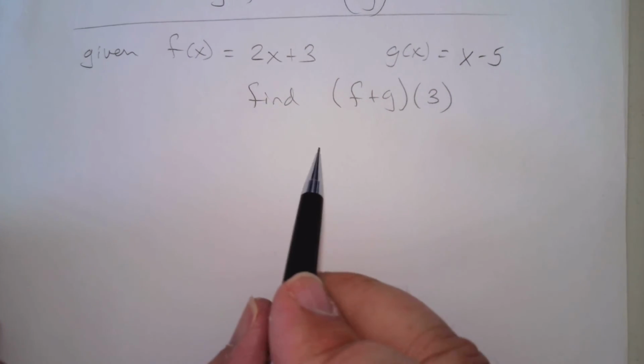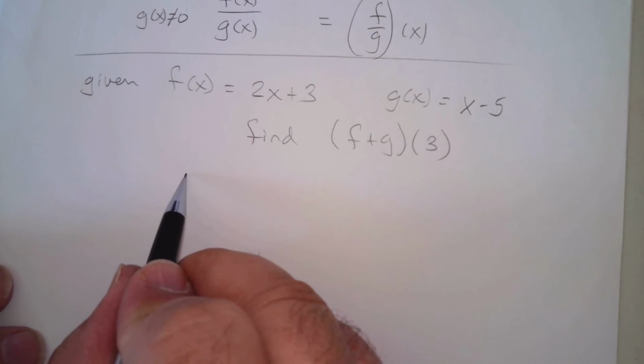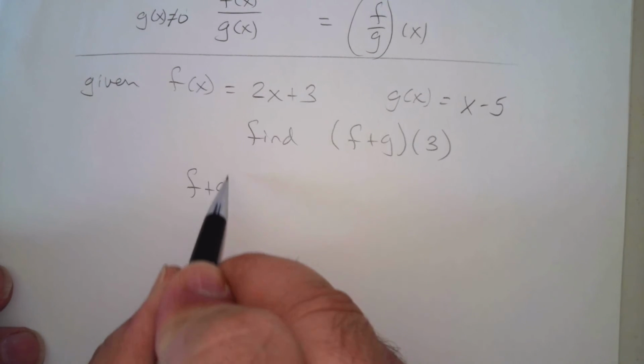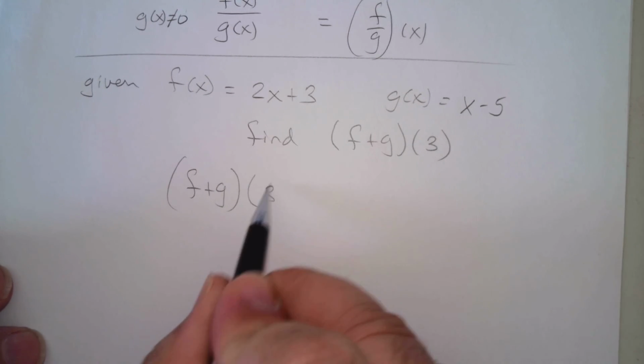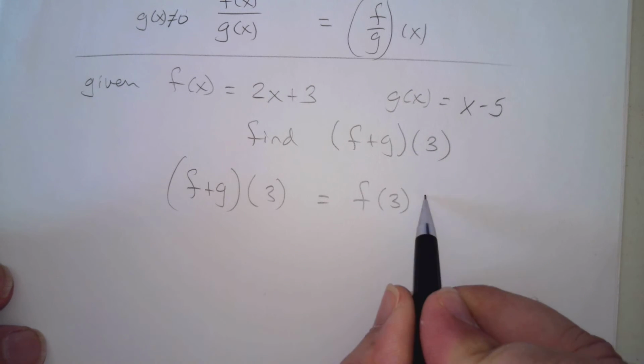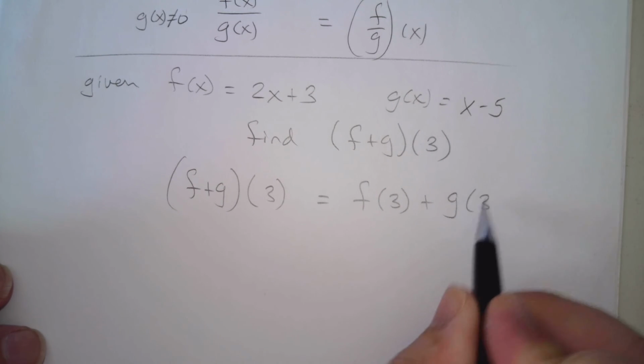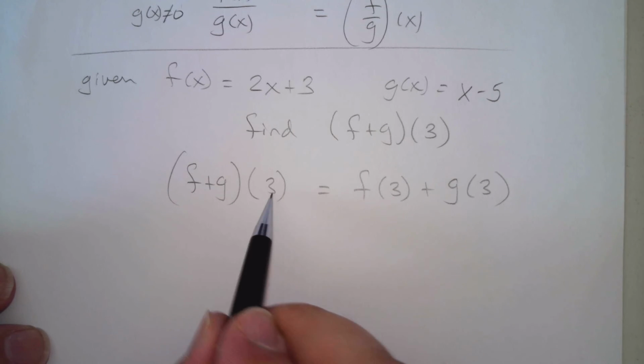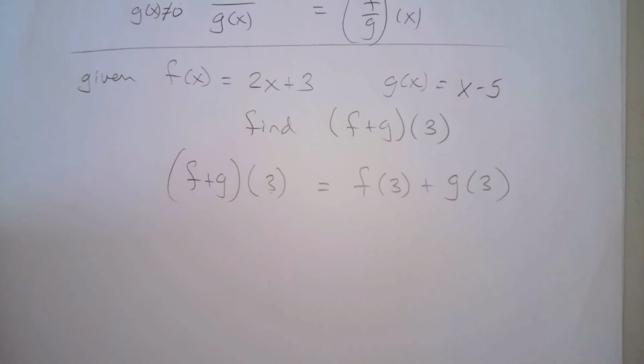So, from above we have our formula. So we have f plus g of 3 is equal to the same thing as f of 3 plus g of 3. But this is your x value. So anywhere I see an x, I put that in there.